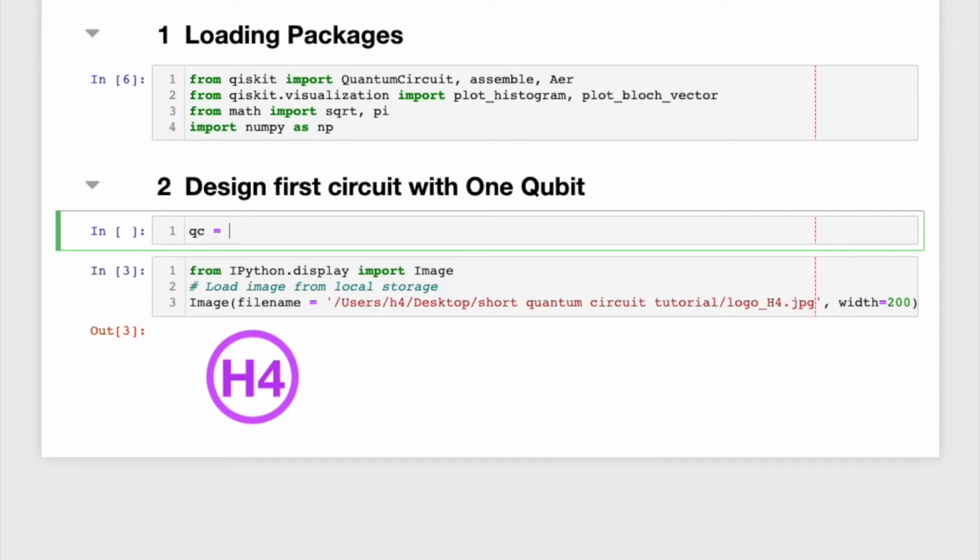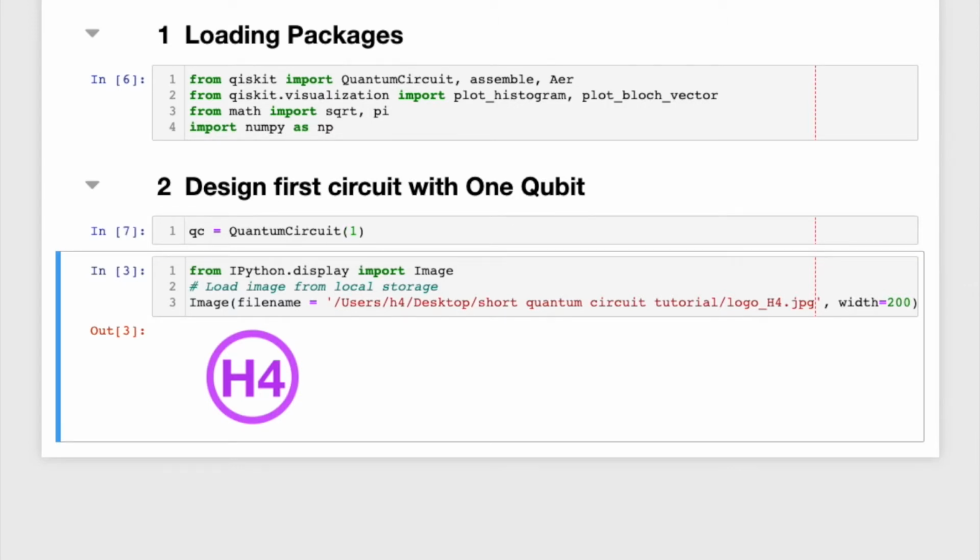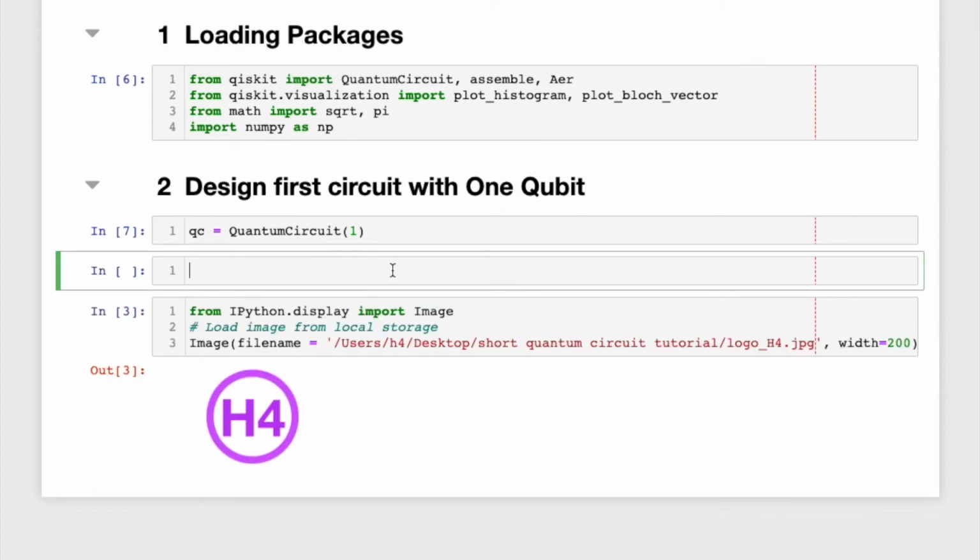For that, we call it QC, quantum circuit, and then we say 1 qubit. So this is our first circuit, and it's called QC.